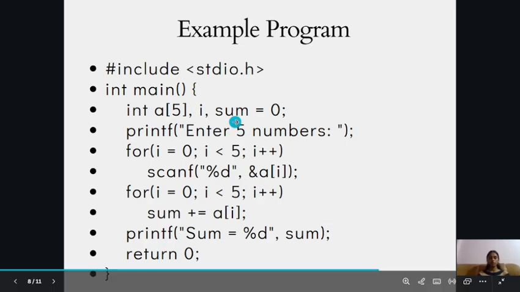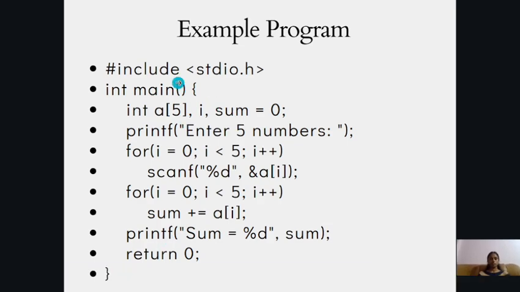So the example program is this. The first section in a C program is documentation, the second is the preprocessor section, the third is the main section, and then 4.1 declaring int a[5].